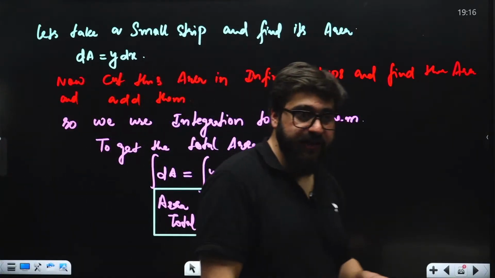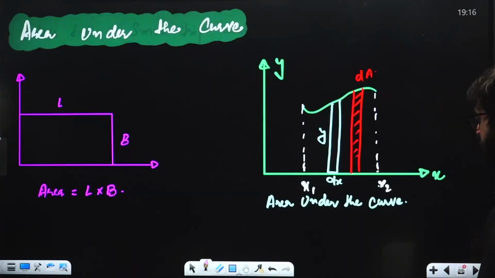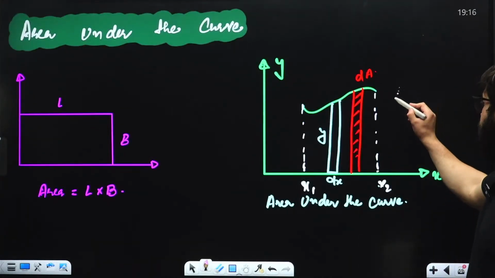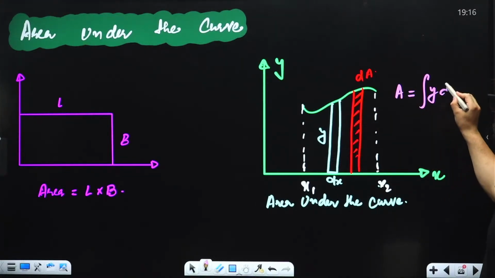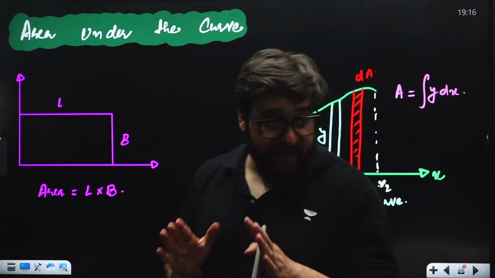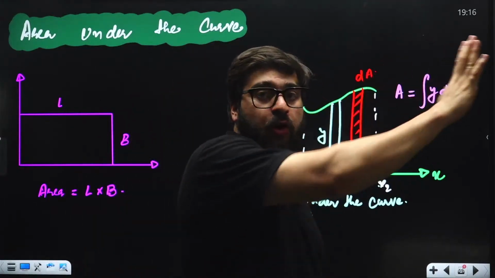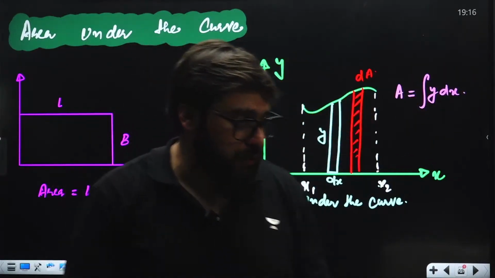Guys, is this clear? This is basically the area under the curve. So simply you say the area under this curve will be integration of y dx. So integration helped us to add the infinite number of small quantities.